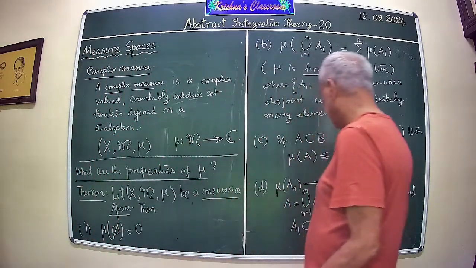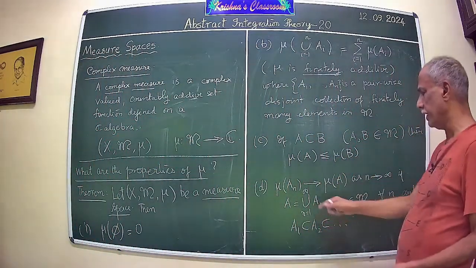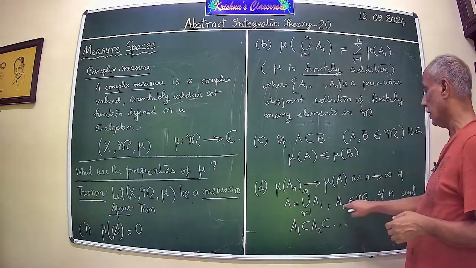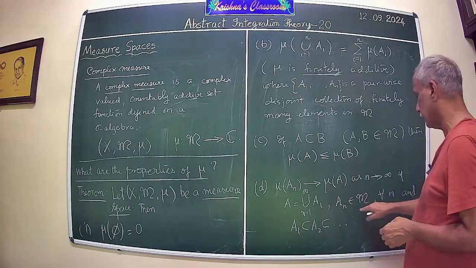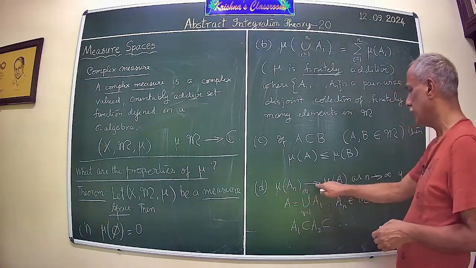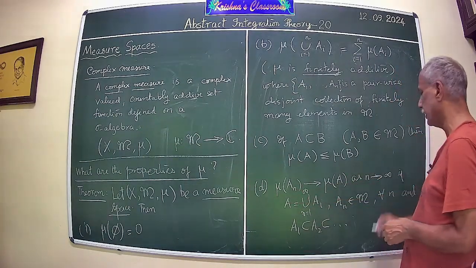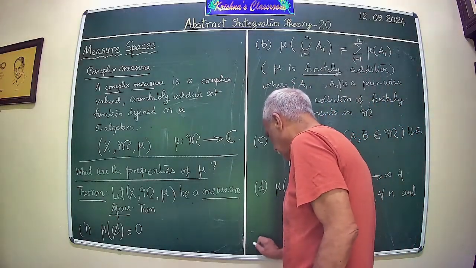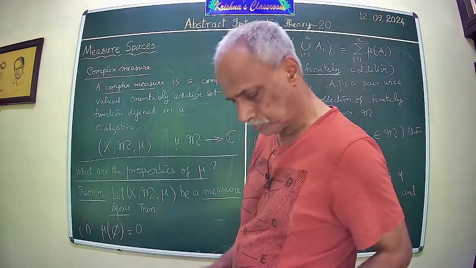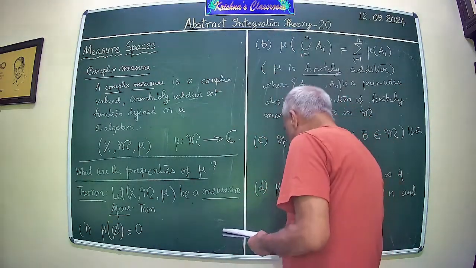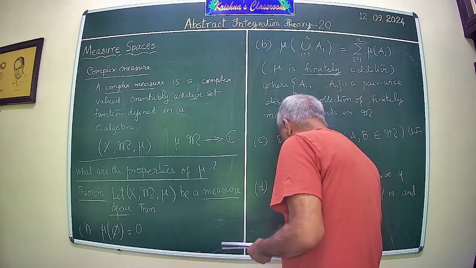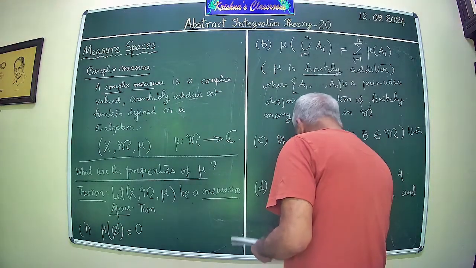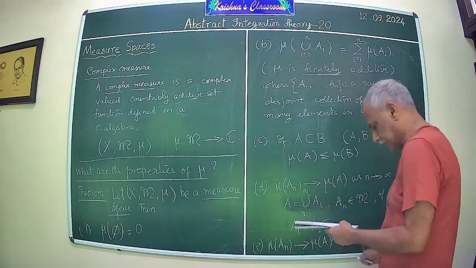And if that is the case, and if A is the union of the A(n) for n equal to 1 to infinity, then mu of A(n) goes to mu of A as n tends to infinity.